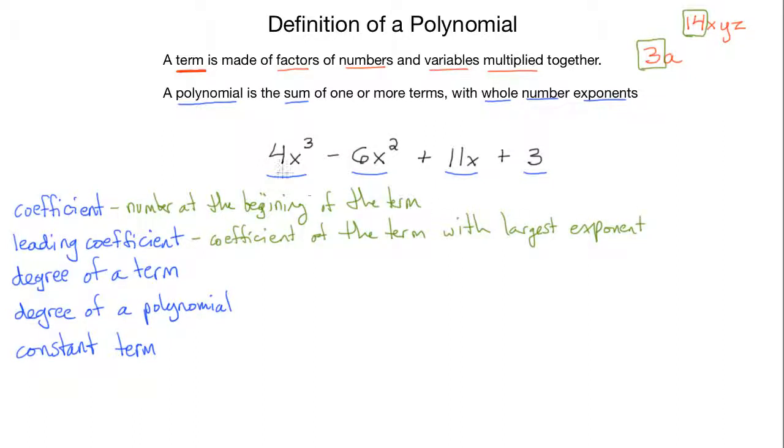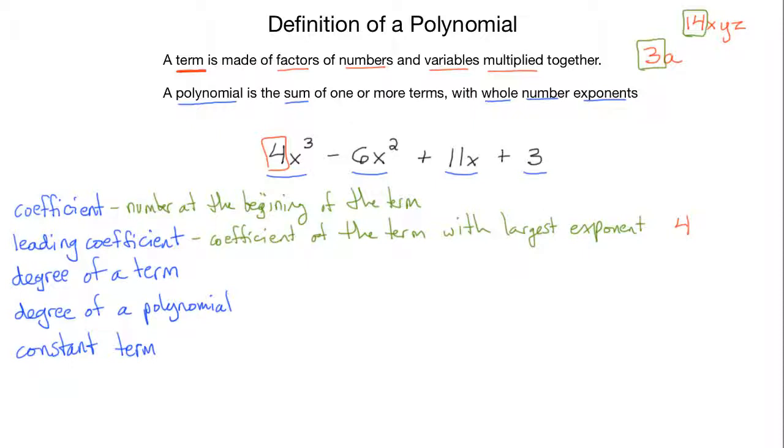So here's my polynomial with 4 terms. The leading term, I need the largest exponent, that's x to the third power, and so we usually put that in the front. So my coefficient would be 4. My leading coefficient would be 4 of my 4-term polynomial. There we go.